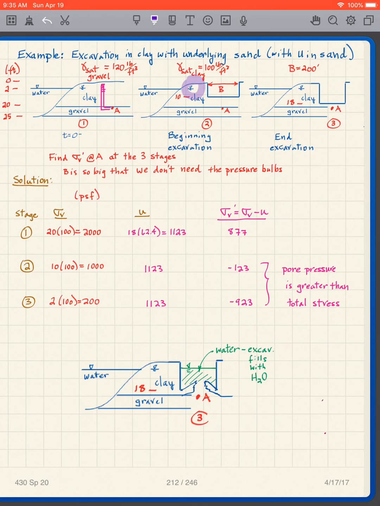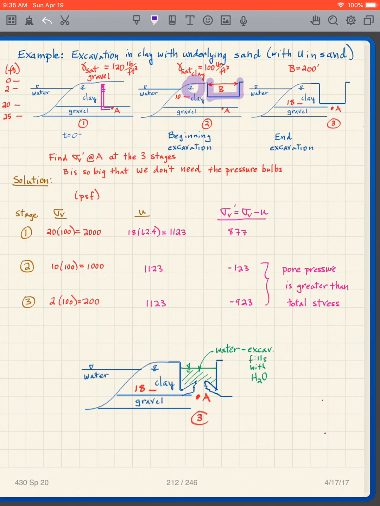The water table's at 2, and we're digging below that to get to 10. Can the basement be dry? Yes, because water comes out of clay very slowly. While there is a tendency to fill that excavation with water, it can't come out very quickly because the soil is clay.